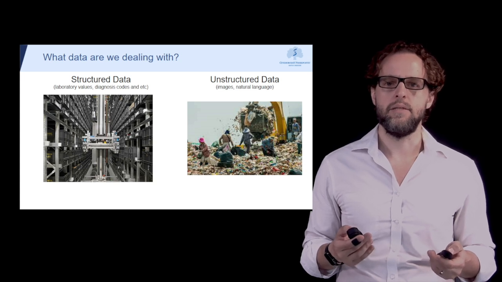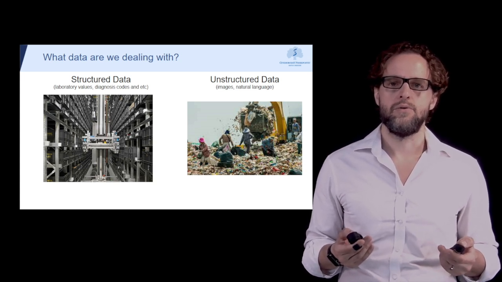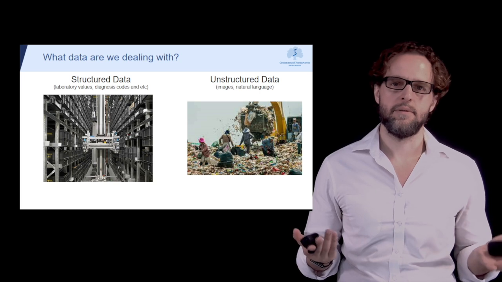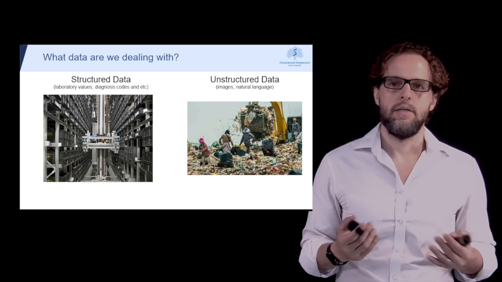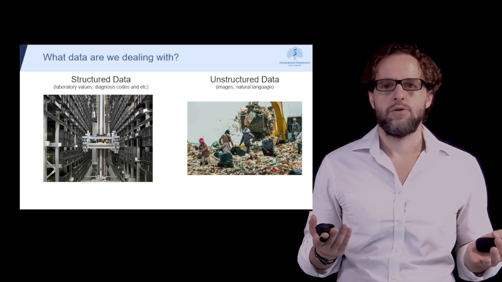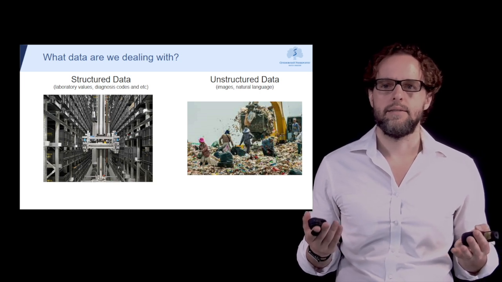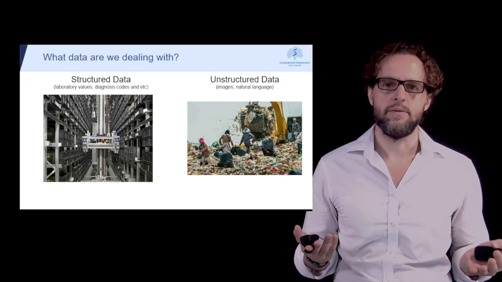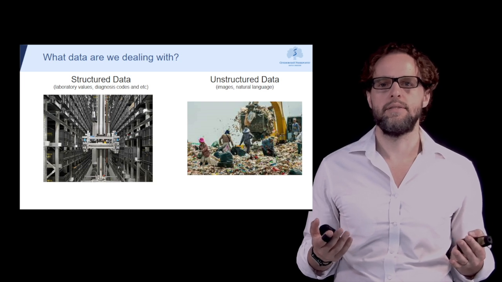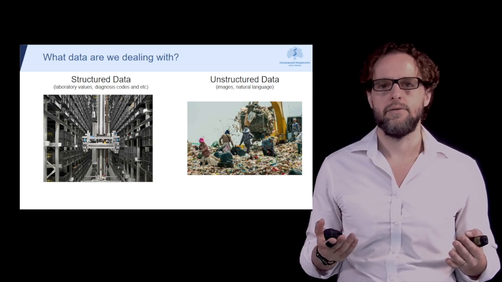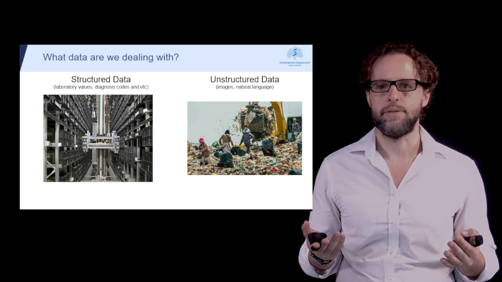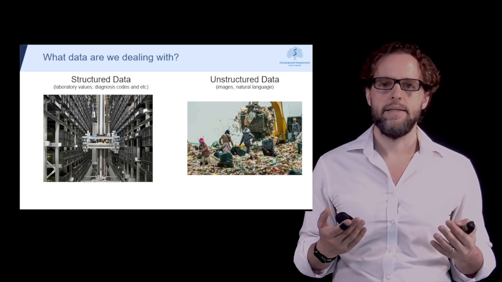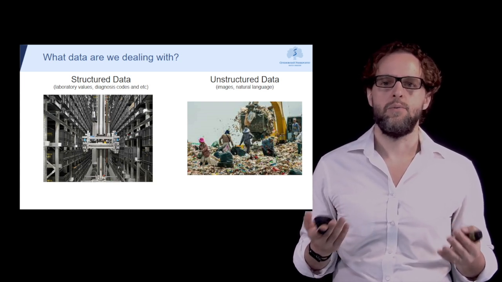Unstructured data could be images or natural language, for example, text reports. Images are usually represented as a number grid where each number represents an intensity at a given pixel location. In grayscale images, there is only one grid.